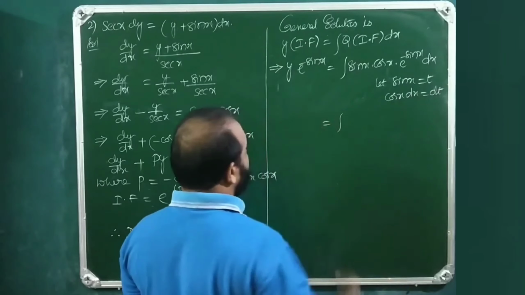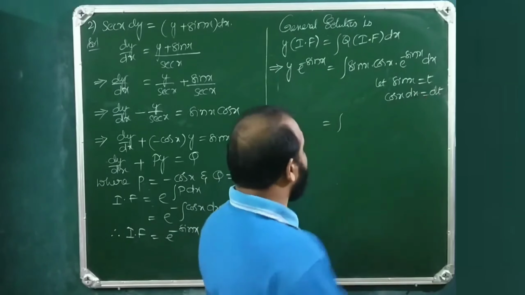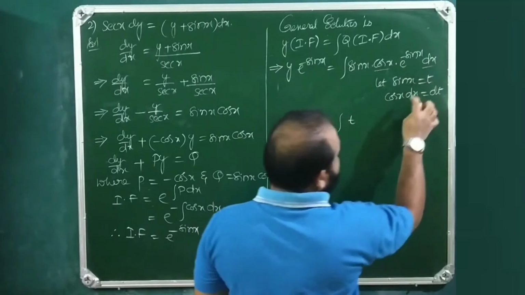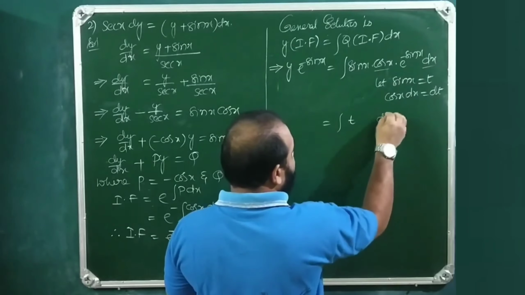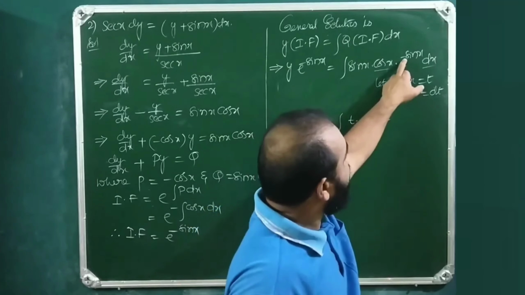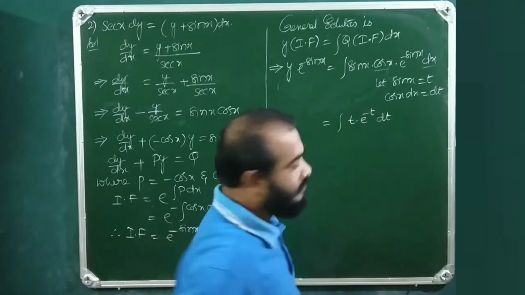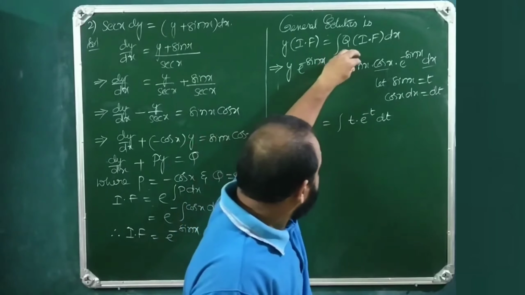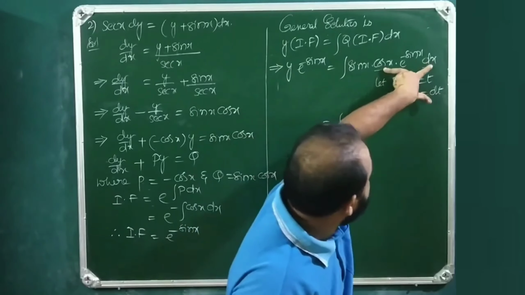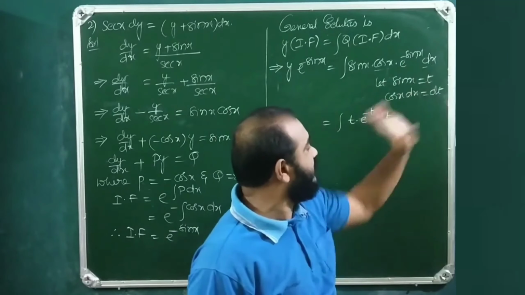So with sin x as t, cos x dx is dt, into e power minus sin x, which is minus t.